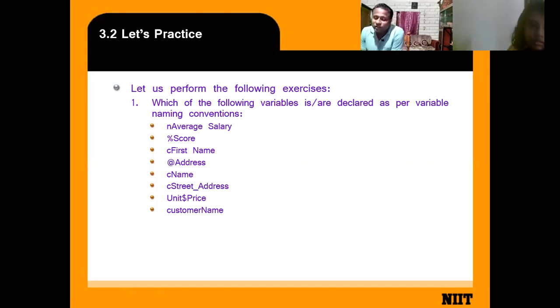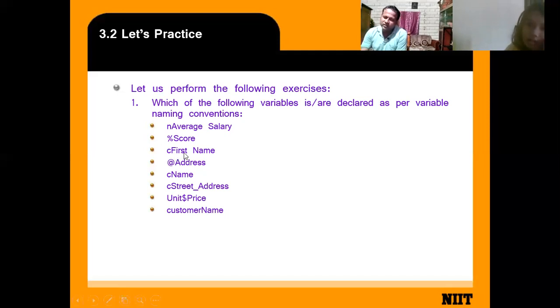No, it is not correct. Why? A variable name should not start with any kind of symbol. Which symbol is applicable? Only the dollar symbol is applicable. Other symbols are not applicable. So here it is also incorrect.